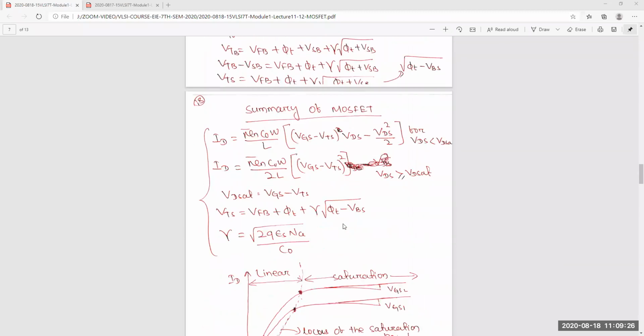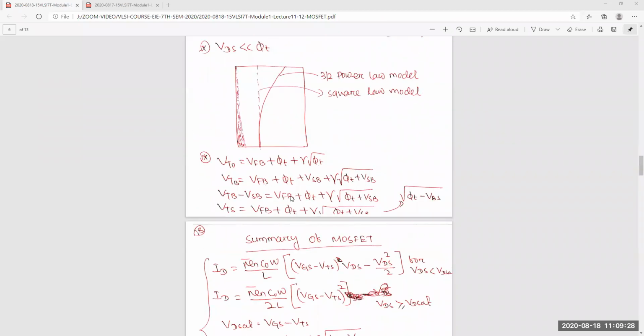So here you can see VT0 is this, and VTB is equal to this if you add the body effect with reference to bulk, whatever we have calculated. You can see two terms here: VSB here, and here also VSB.